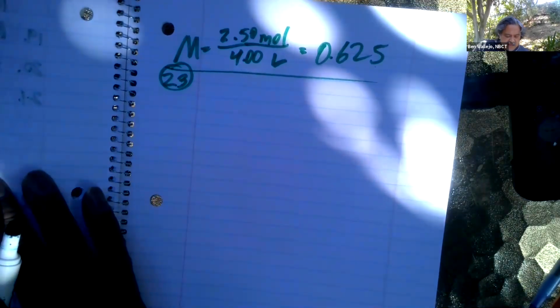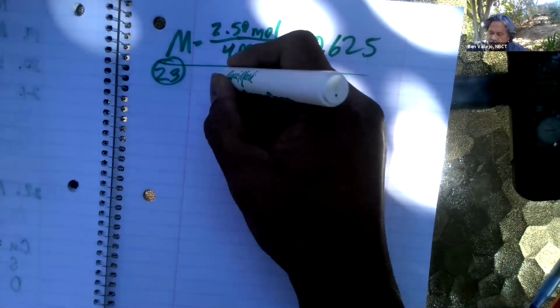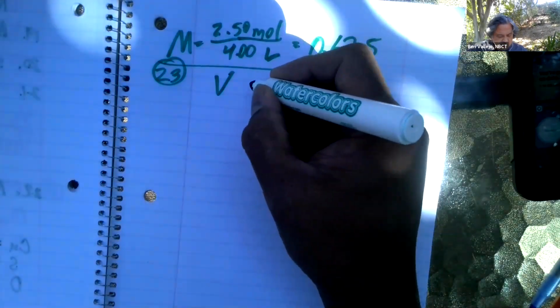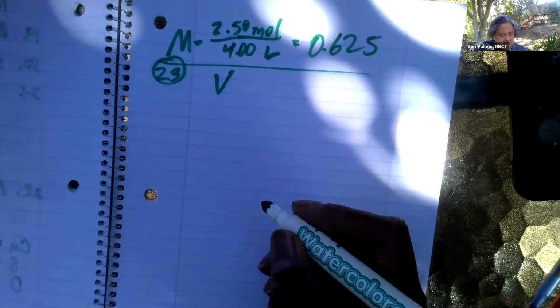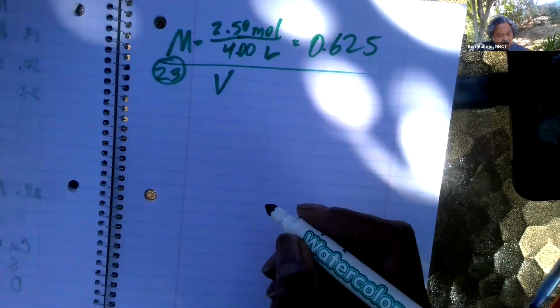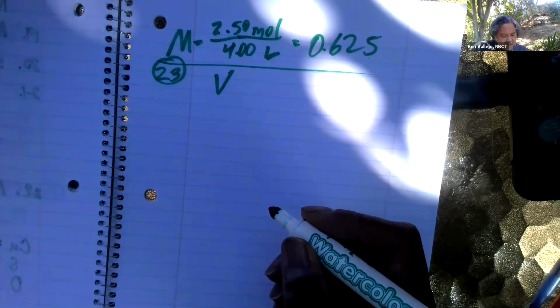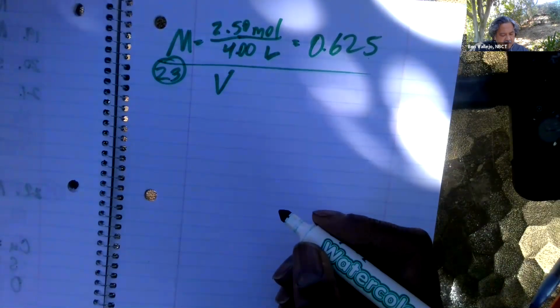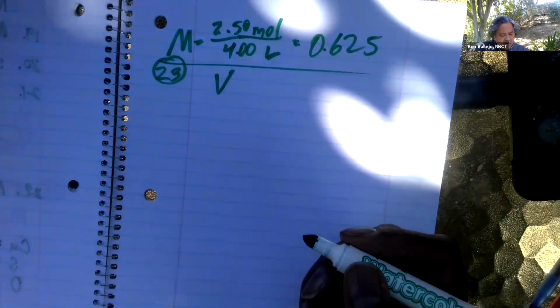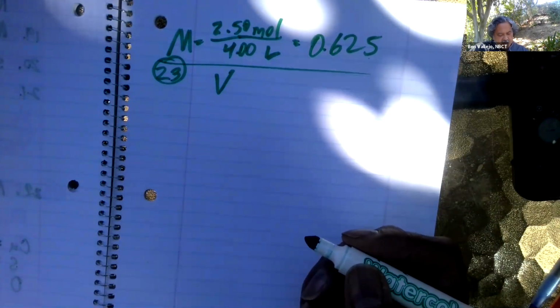Number 23 says, how many milliliters of a stock solution, so we want volume, of a stock solution of 2.00 molar KNO3, potassium nitrate, would you need to prepare 100 milliliters of 0.150 molar KNO3?